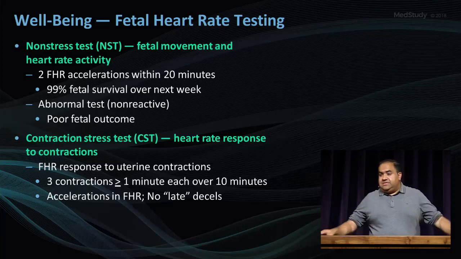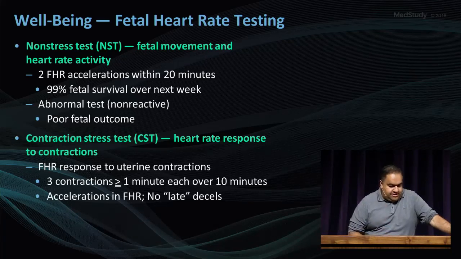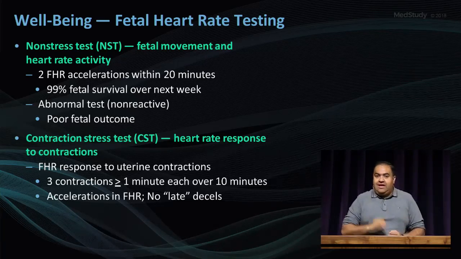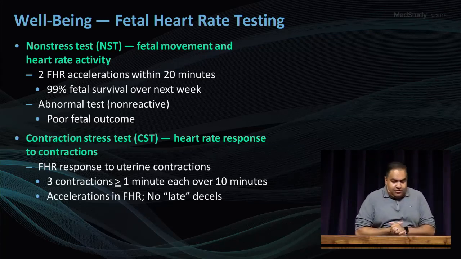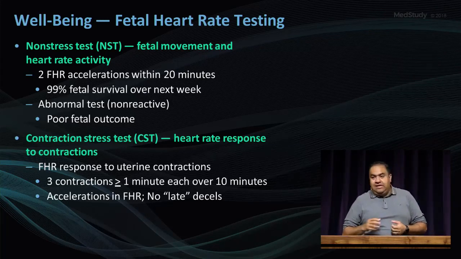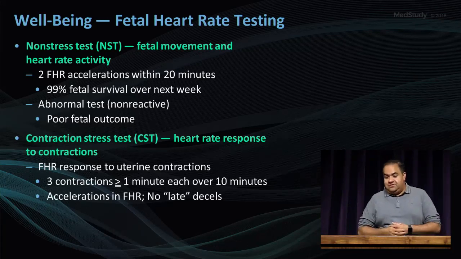They also do different types of tests, NSTs and CSTs, so non-stress tests. Remember, the non-stress test has two parts to it: the fetal movement and the heart rate. You're looking at fetal autonomic activity when you're doing the non-stress test, and it assesses the fetal well-being. All right, the contraction stress test is heart rate plus contractions, interestingly.